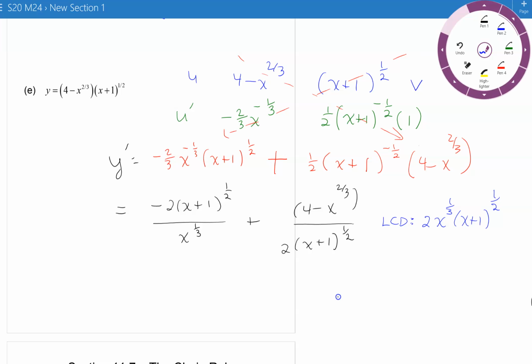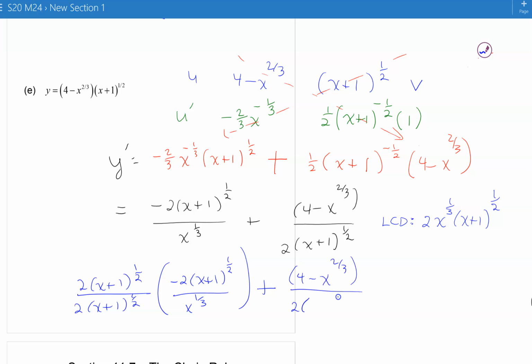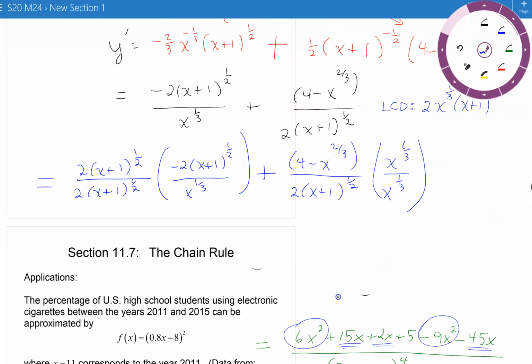So my first fraction needs a 2 and an x plus 1 to the 1/2 in the numerator and denominator. And my second fraction needs an x to the 1/3 in the numerator and denominator. And let's see where that gets us.